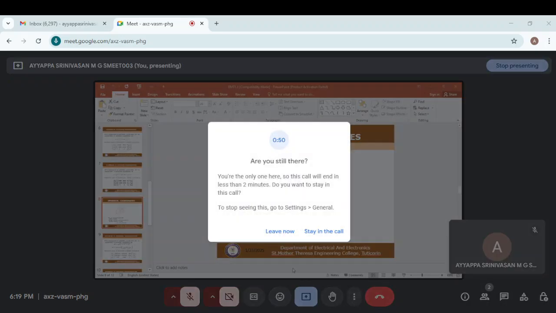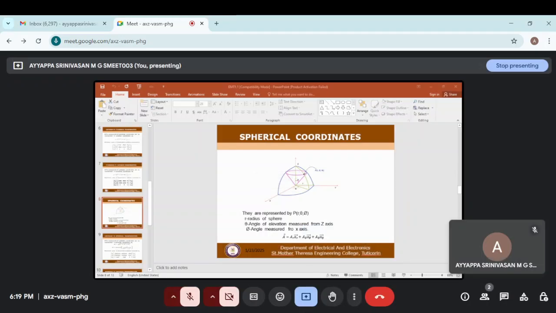Next one is the spherical coordinate. Usually students think that spherical coordinates are difficult, but it is not so. If you understand the spherical coordinate in an easier way, it will be easier for you. So again, r, theta, phi, where r is nothing but the radius of the sphere.